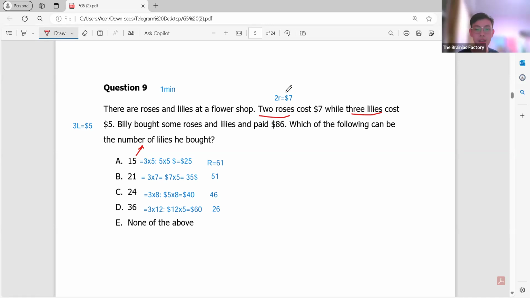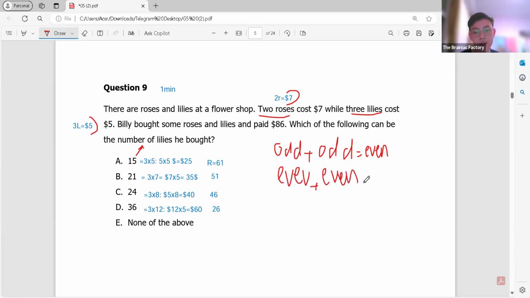But the prices here, $7 and $5, are both odd. So to get 86, which is an even number, it must be odd plus odd, which is equal to even. But what if both are even? Even plus even is also even.